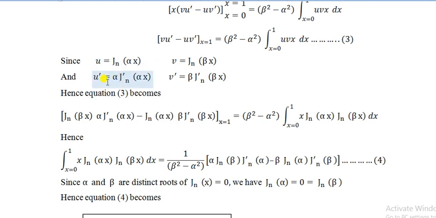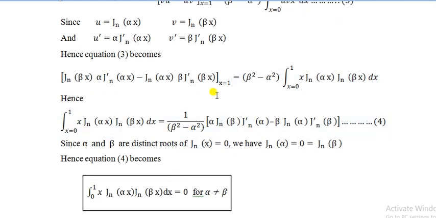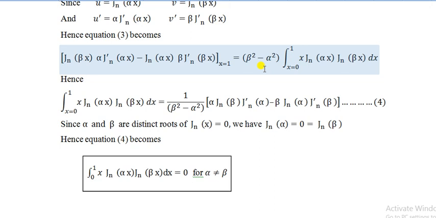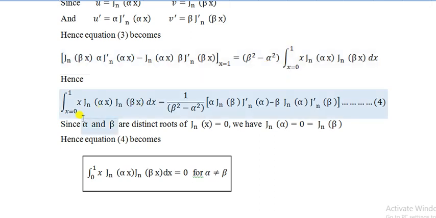Using these u, v, u' and v' in equation 3, v is Jn(beta x), u' is alpha J'n(alpha x), minus u v', where u is Jn(alpha x) and v' is beta J'n(beta x), at x equal to 1, which is equal to (beta squared minus alpha squared) times the integral of Jn(alpha x) Jn(beta x) x dx.